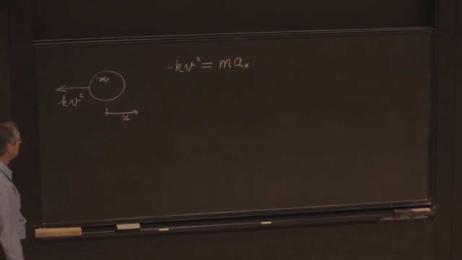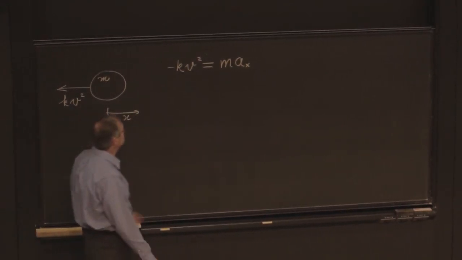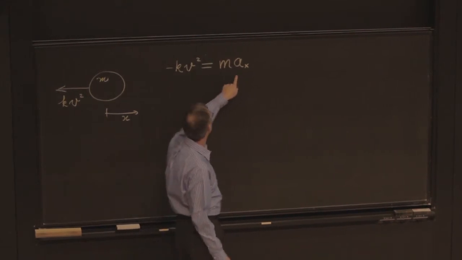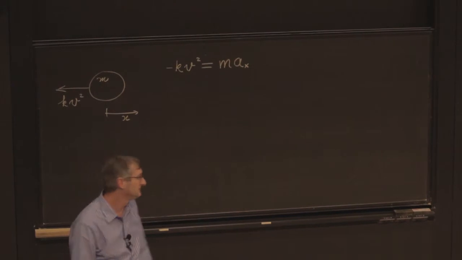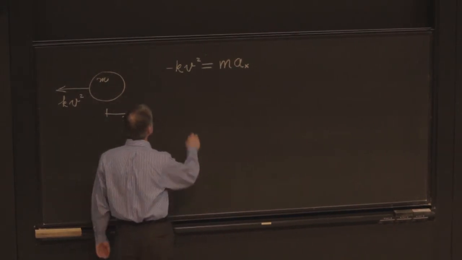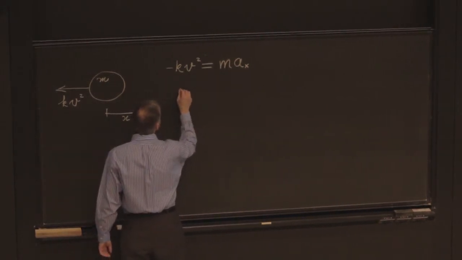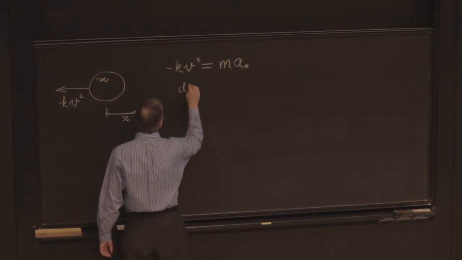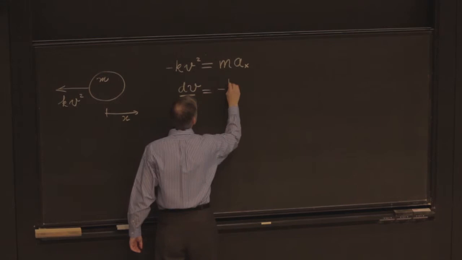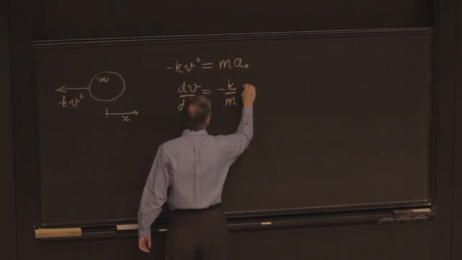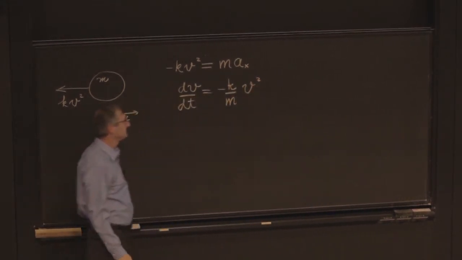Okay. So, a sub x, x double dot, is also dv dt. That's what I'm going to want to use. So I'm going to reverse the order here and say dv dt is equal to minus k over m v squared.